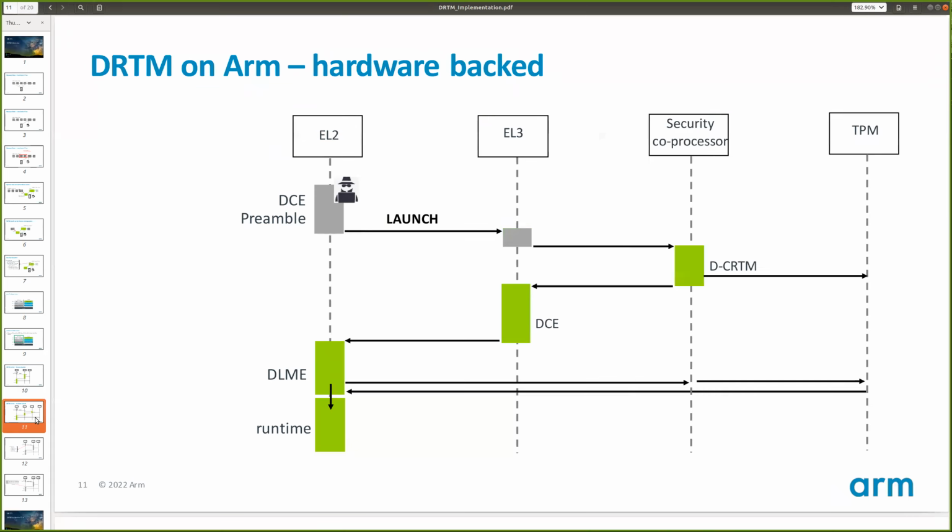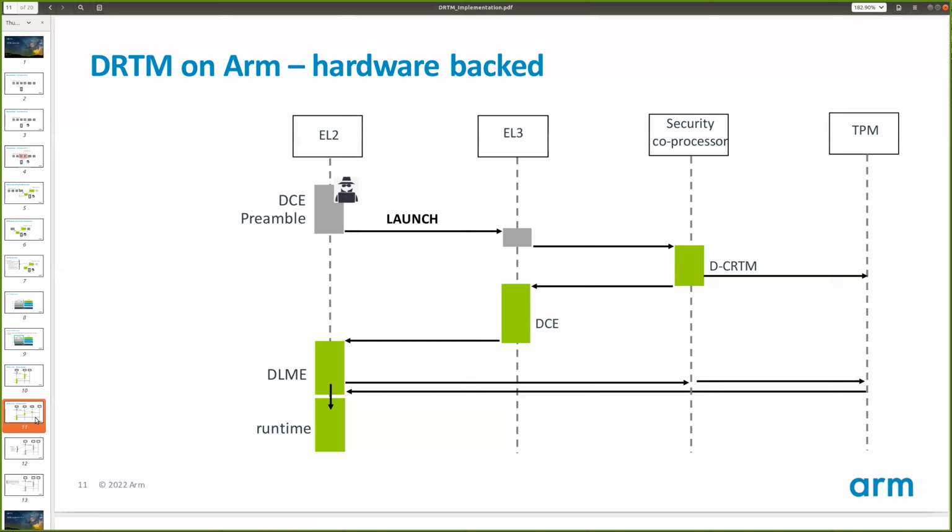Next slide. The architecture also allows for what we call a hardware-backed implementation of DRTM. And so the way this would work is there's a separate security coprocessor on the SoC where the root of trust resides.